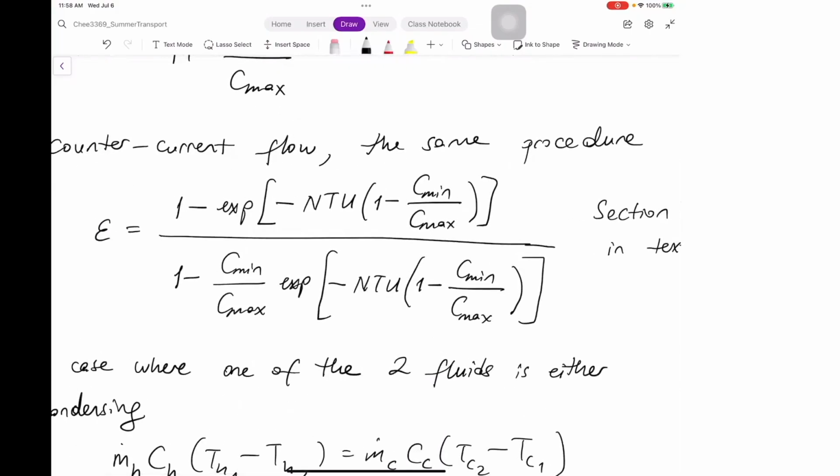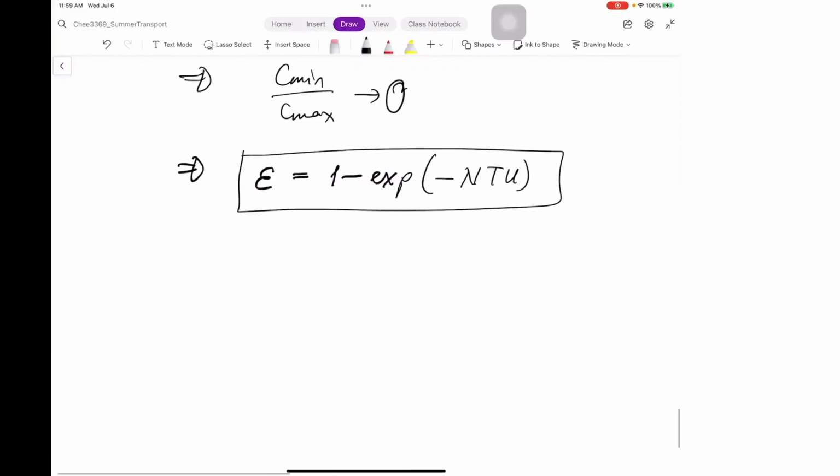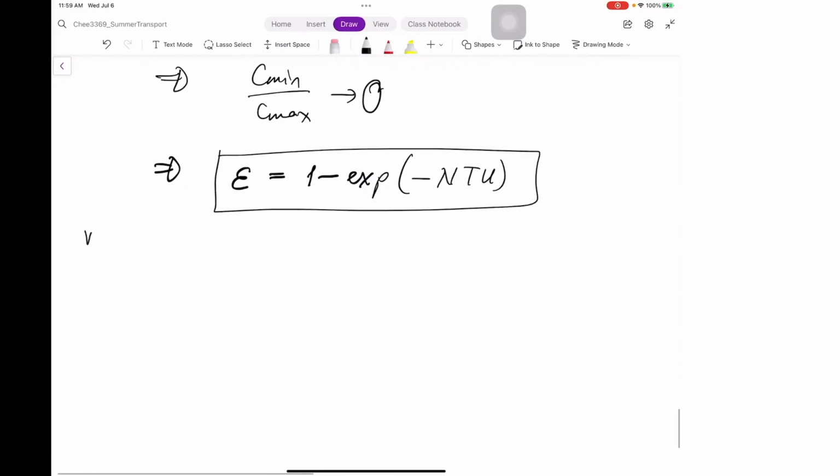And the epsilon relates to 4 temperatures. So using also the heat balance equation, you can solve for both of the temperatures without any iterations, right? So let's summarize it here with the NTU method.